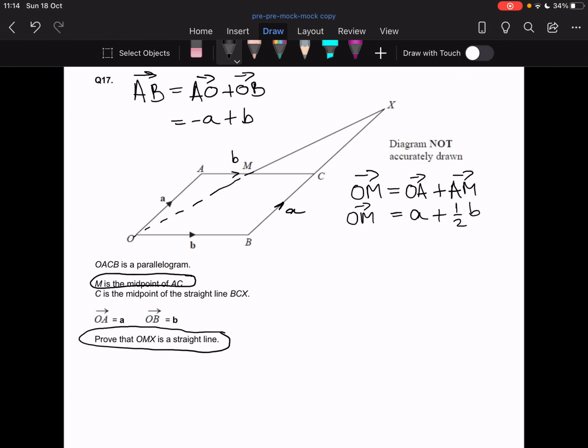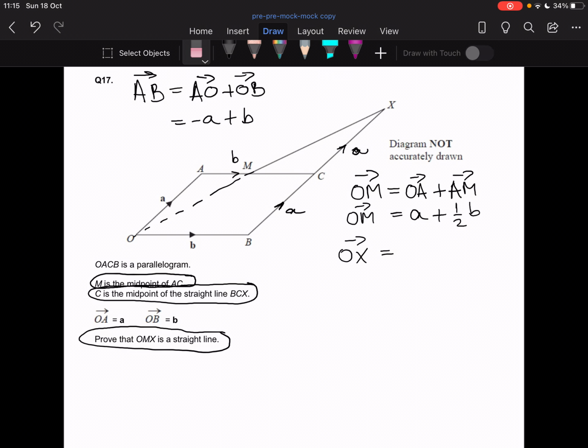Now we said we're also going to work out OX. To get from O to X, there's quite a few ways that I could go. I'm going to use some information they give me here, and that says C is the midpoint of the straight line, so this is the midpoint of this entire BX line. So if I know that from B to C is A, then I know that from C to X is also A, because C is the midpoint.